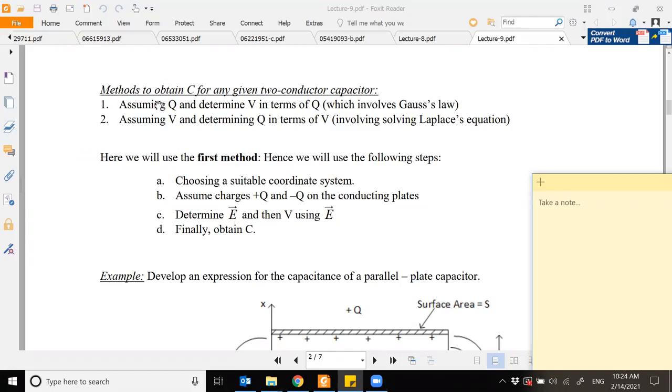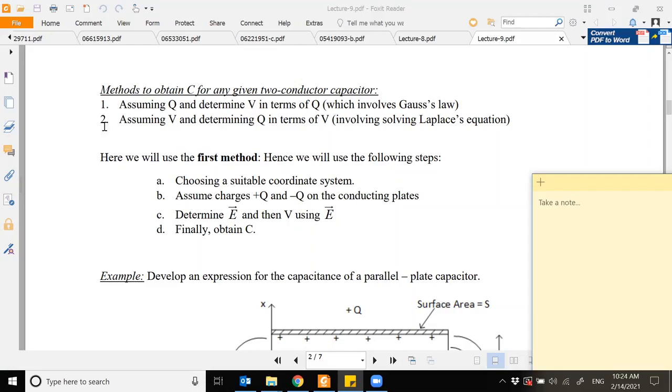So in the first method, assuming Q is given to us, we will first determine the potential difference in terms of Q, and for this we will use Gauss's law. This is our first method.